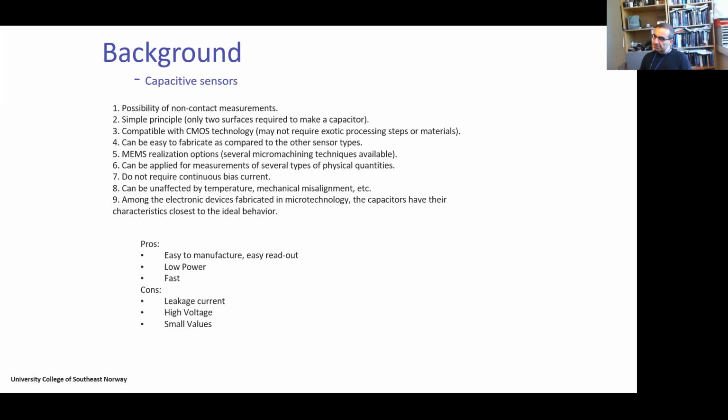Capacitive sensors in microsystems are really compatible with CMOS technology. Basically, if you modify, for example, the two metal layers on top of a chip, then you can make a capacitor. Normally they are easier to fabricate, because when you fabricate things in micro and nano, you need different processes such as etching, doping, and different types of them.